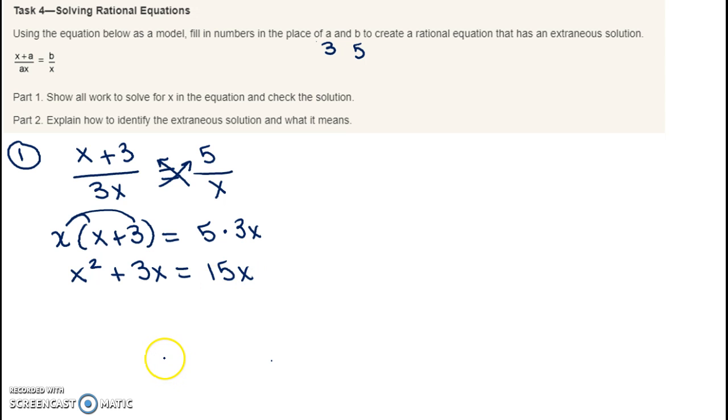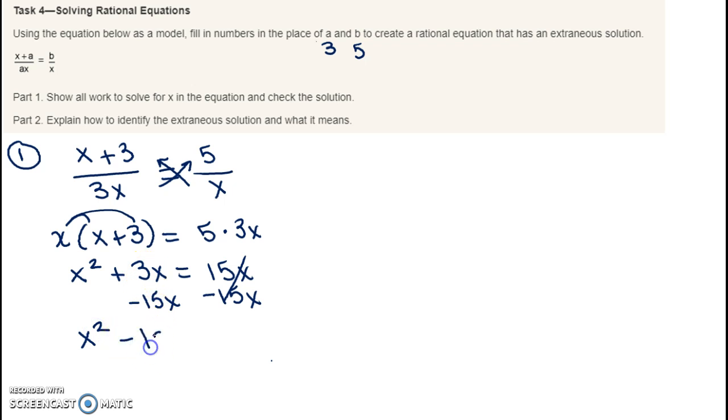And then I want to get everything to one side of the equation so that I can factor and solve for x. So this 15x I want to move over here. So minus 15x, minus 15x. And I'm left with x squared. 3 minus 15 is negative 12.